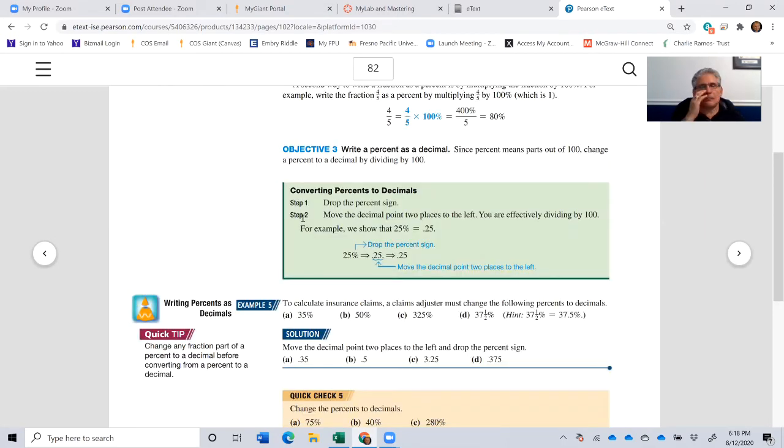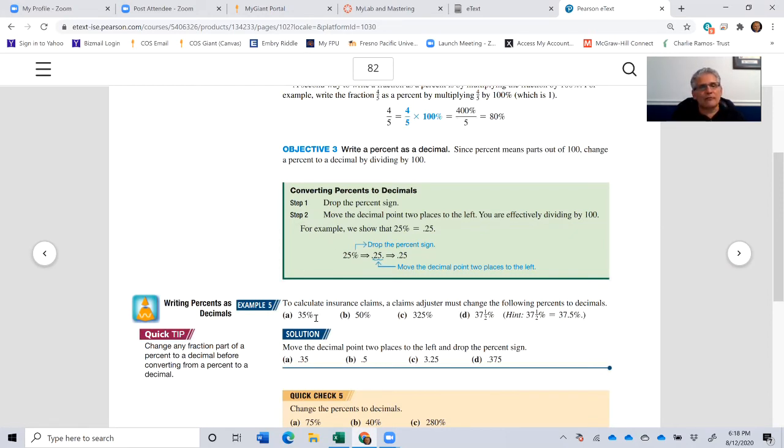Okay, it may be that we have to go in the opposite direction. In other words, we're going to have a percent, and we want to convert that to a decimal. So if we go from a decimal to a percent, sliding the decimal point 2 times to the right, well, if we're going the opposite direction, we'll slide the decimal point to the left 2 times.